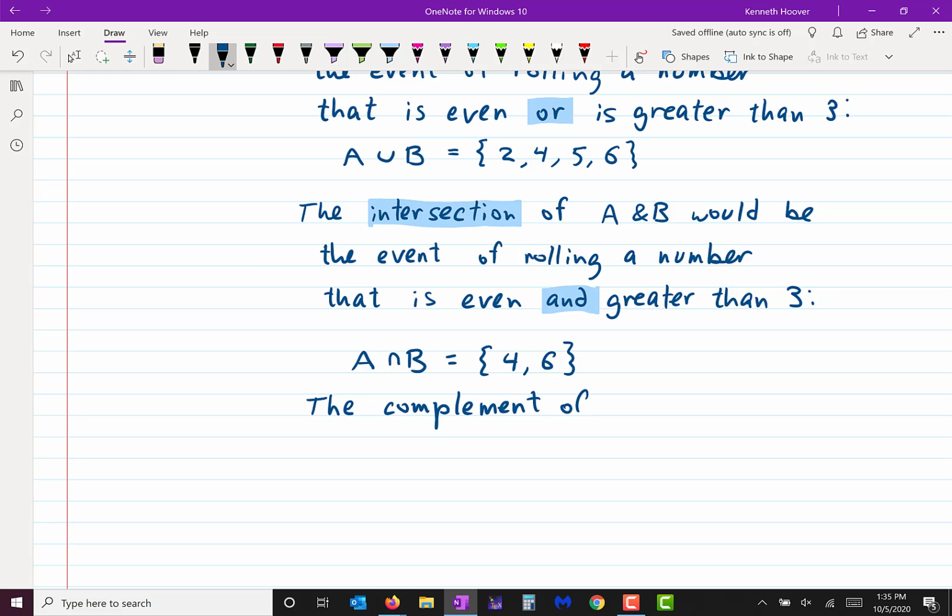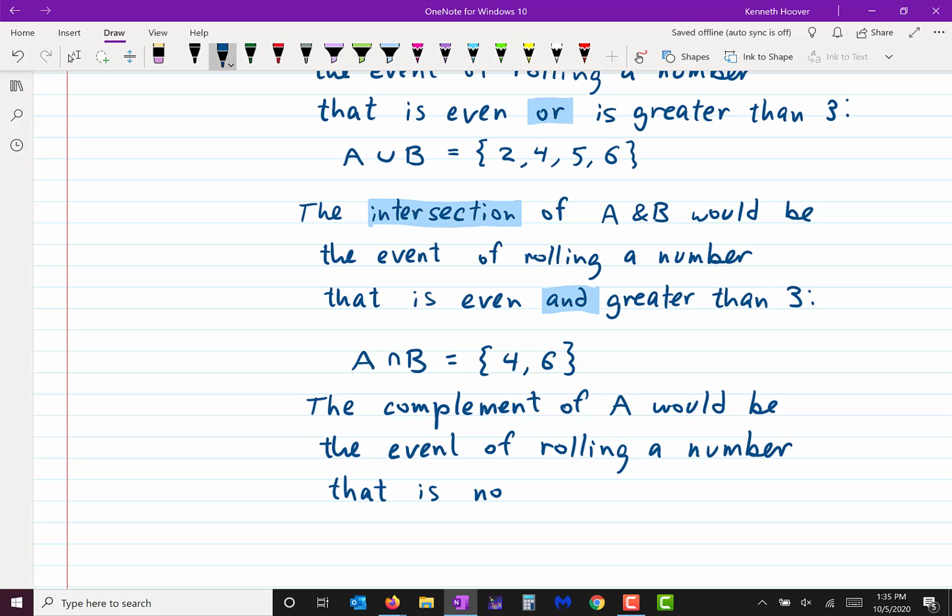Complement of A would be the event of rolling a number that is not even.